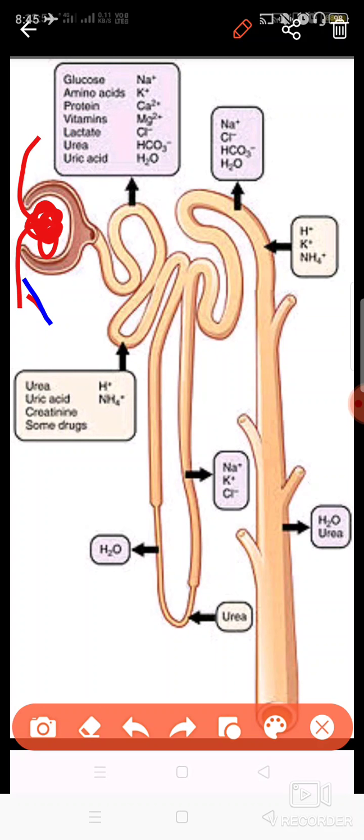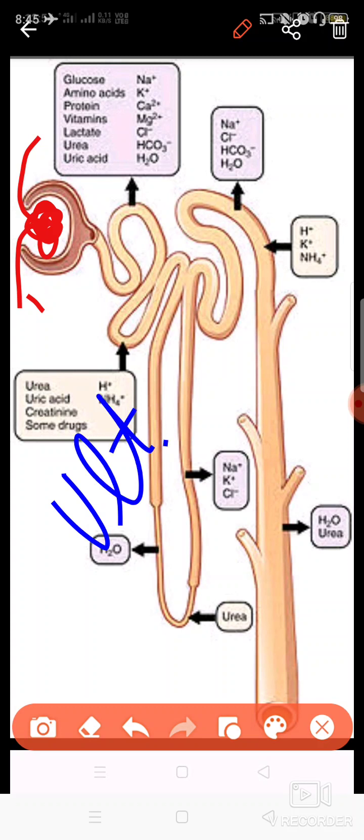That is why when the blood is brought here, due to the high pressure, many substances, many molecules which are lesser in diameter, filter out, and this process is known as ultrafiltration.